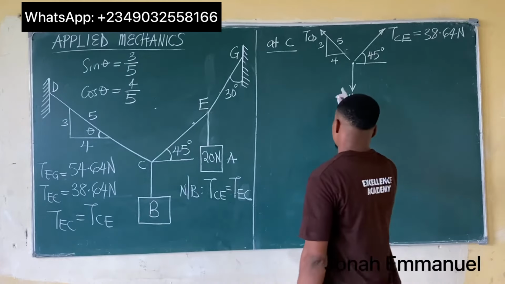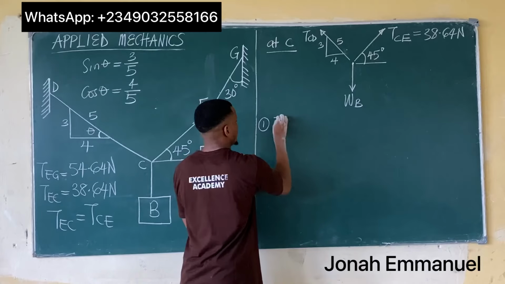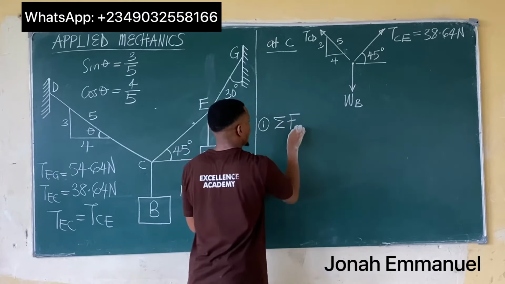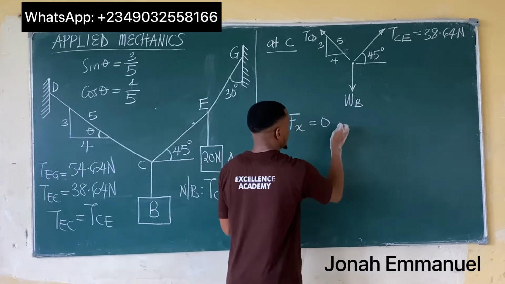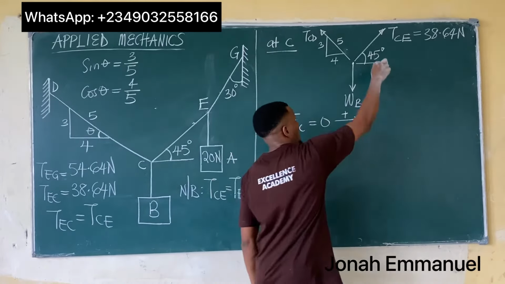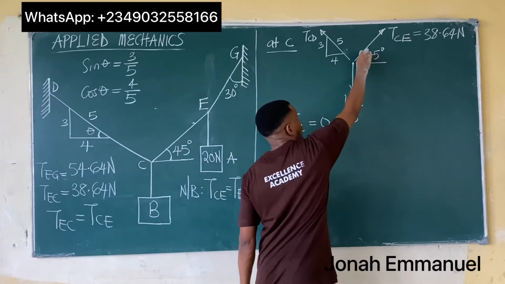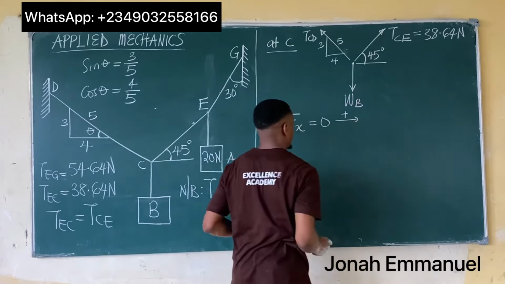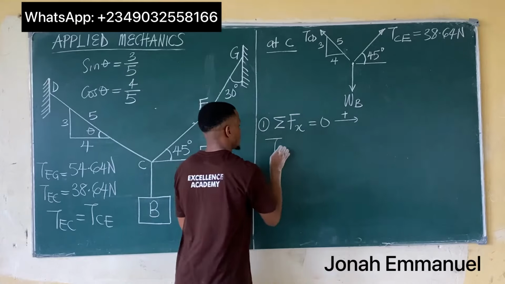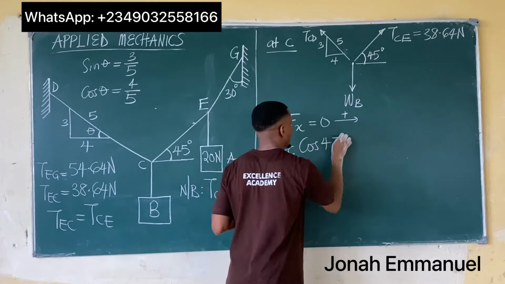Alright, so let's use the conditions for equilibrium. The first condition, summation of horizontal forces equal to 0. It's going to the right, it should be positive. So what do you have there? You have this one resolved here, this one resolved here. The angle of inclination is to the horizontal, so it becomes positive TEC cos 45.